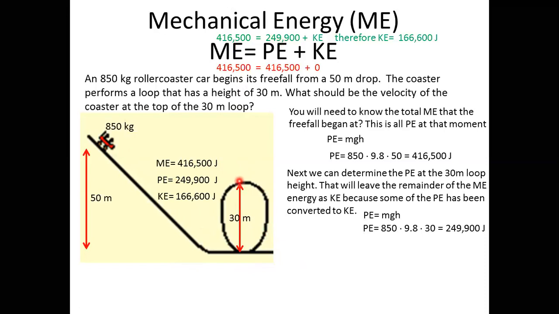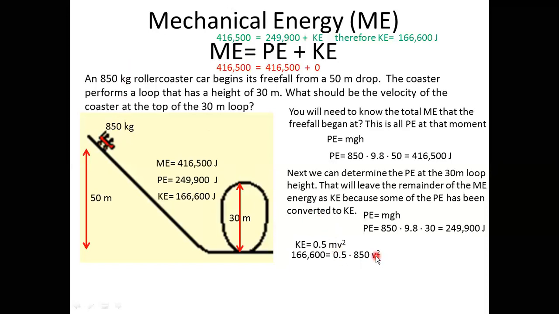Once we understand that, we can simply plug in the formula for KE, kinetic energy, 0.5 mv squared. So if we know the amount of kinetic energy is 166,600 at this point in the ride, we substitute that in. We multiply 0.5 times 850 kilograms, how heavy the coaster car was, that's our m.